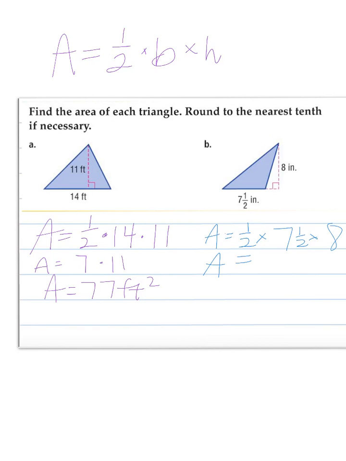Notice now here they had to draw it outside of the triangle, what the height is, but it still has a height of 8. So now plug this in your calculator. 1/2 times 7.5 times 8. Area equals 30 inches squared.